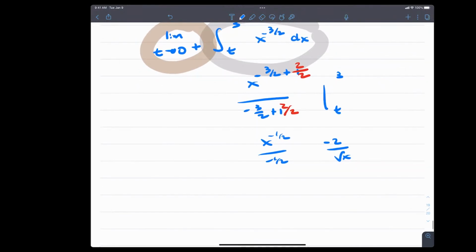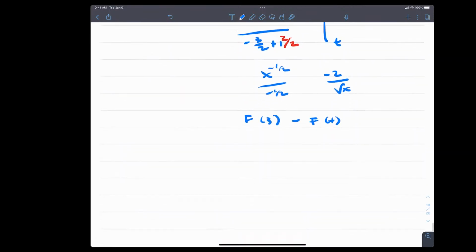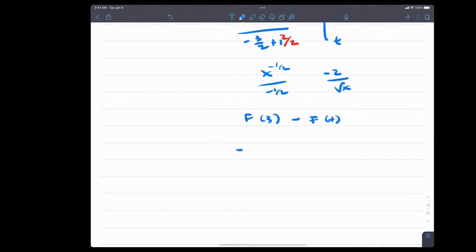So like I said, it makes it easier if I say, oh, that's f of 3 minus f of t. So it's minus 2 square root of 3 minus a minus 2 square root of t.